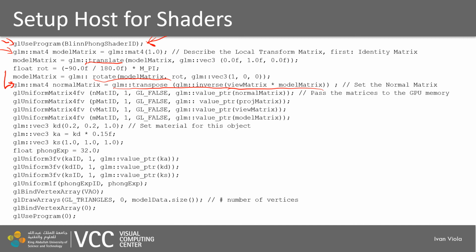So this is the normal matrix, and then we are identifying the individual handlers, nmat ID, pmat ID, vmat ID, mmat ID, with the values which should go into these matrices, which is shown here, where all the necessary matrices are passed on to their shader counterparts. So these are the matrices which we are then using in our vertex shader.